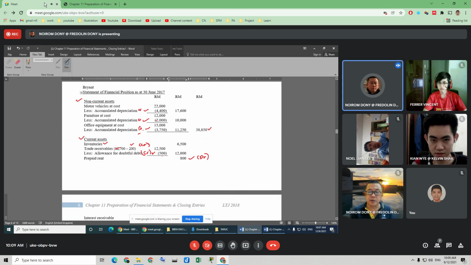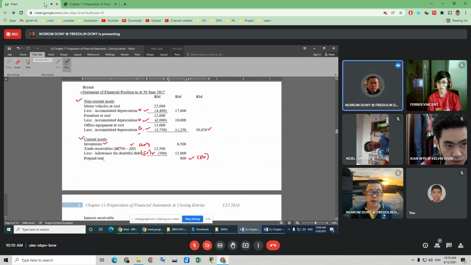So you minus 500, so the net trade receivable is 12,000. Why do we present lesser than the actual amount? This is in observance of the prudence concept, where the business does not overstate the amount of asset, that is trade receivable.